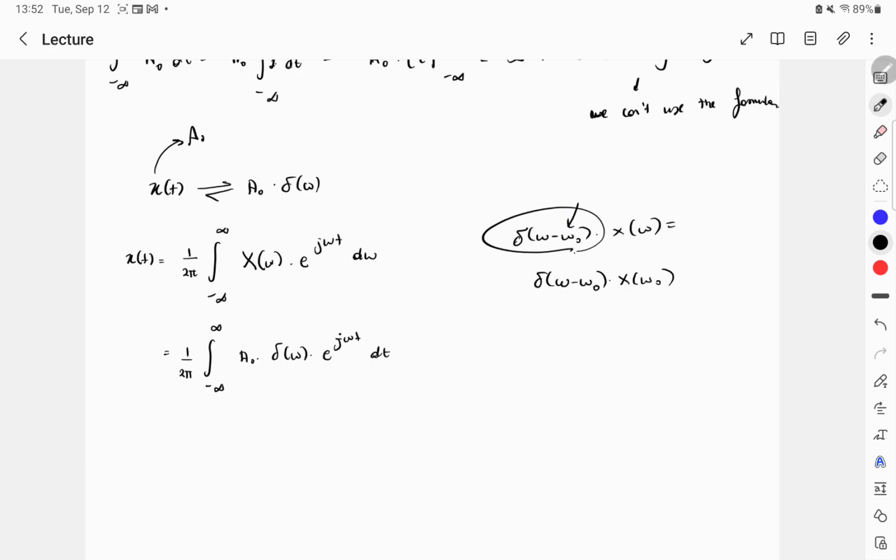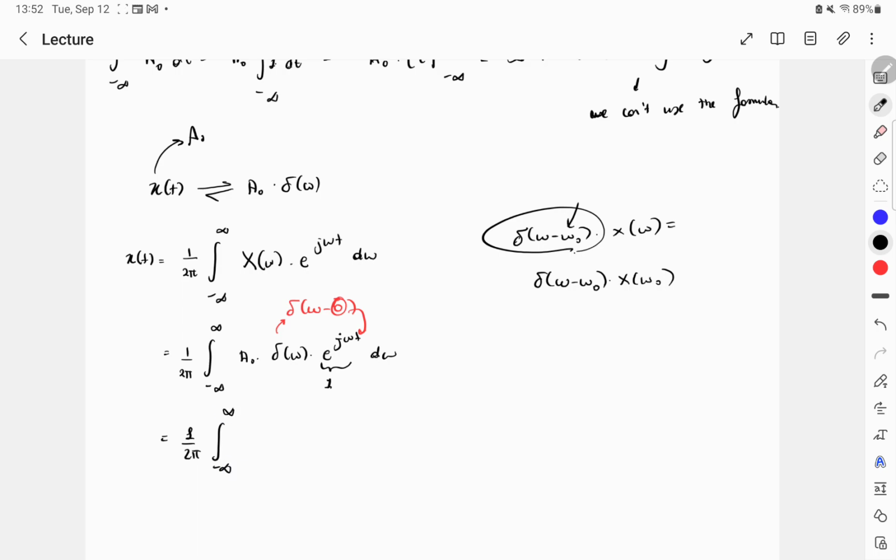So what do we do here? This is the same as delta omega minus 0. So we will just substitute 0 into this t over here. Sorry, I wrote it wrong here. And now, since it is 0, it becomes 1.